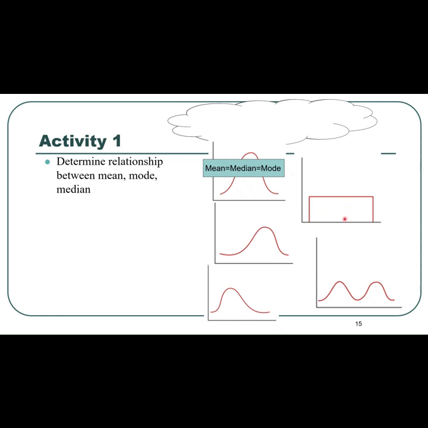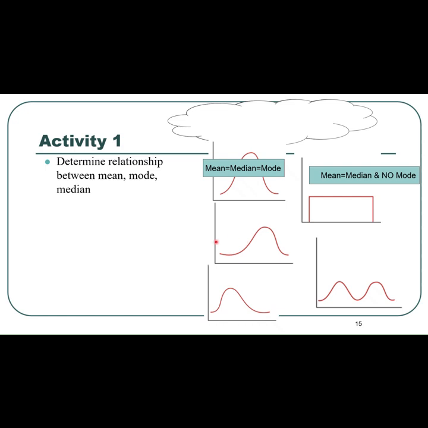In a symmetric distribution, the middle value is exactly in the center, which is your median and happens to also be the mean. But I don't have a mode here because no single value has a higher frequency than the remaining points under the curve, so this is a no-mode case.